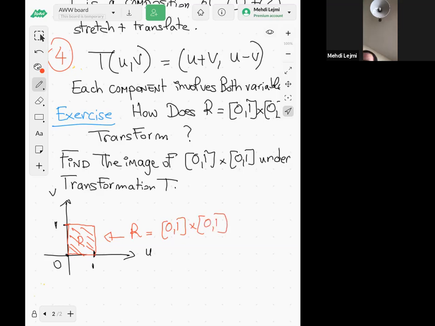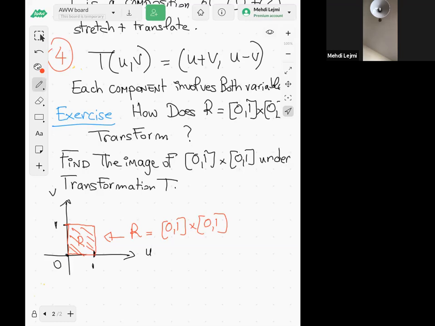So what I'm going to do here, guys, because as I said, this transformation is less obvious than the previous one because each component involves both variables. It's not like a horizontal or vertical shift. It's not like stretching your square, because we have both variables involved in this example.